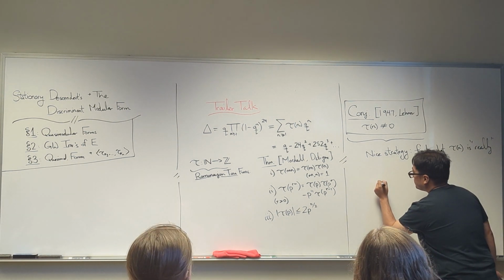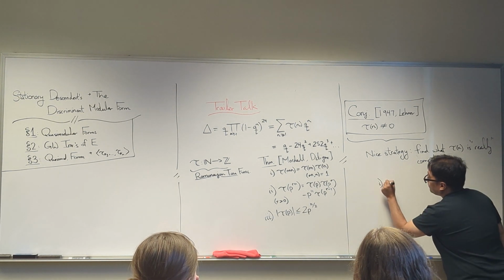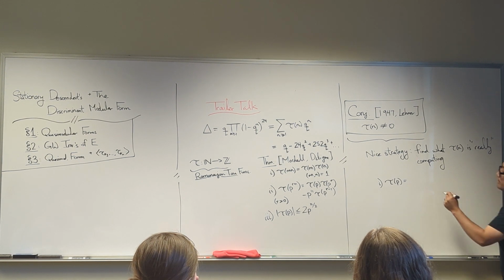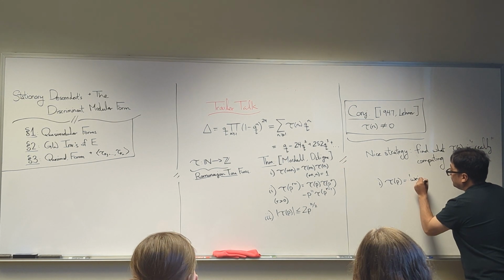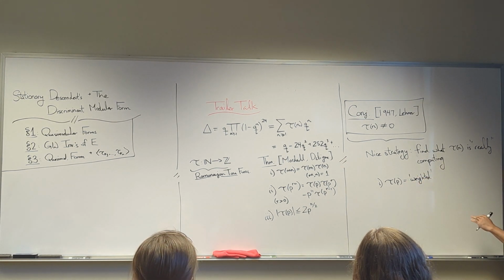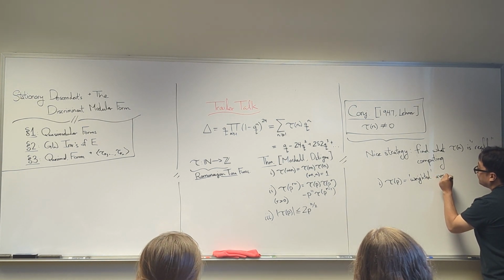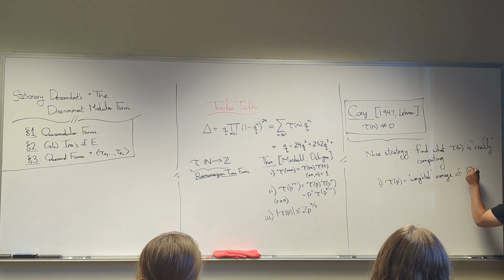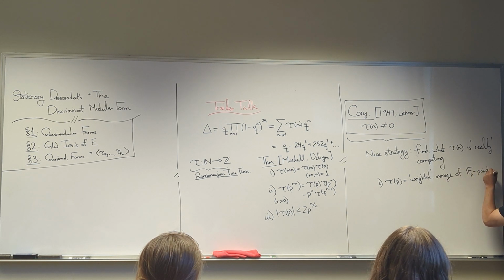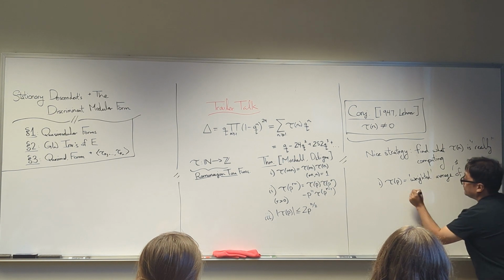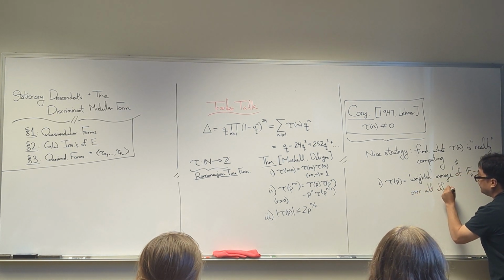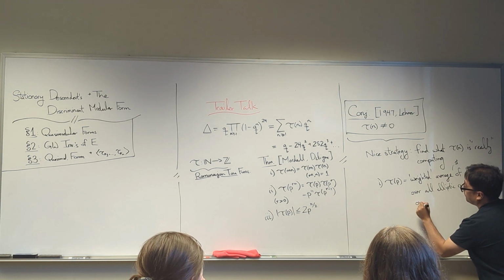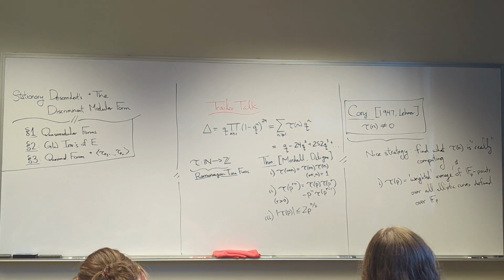One is that if you try to compute tau of p for a prime p, you can think of this as a weighted average of the number of F_p points over all elliptic curves defined over F_p.